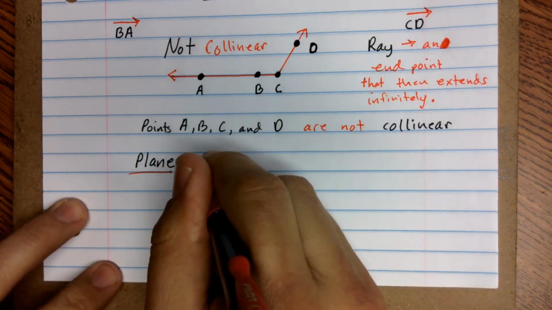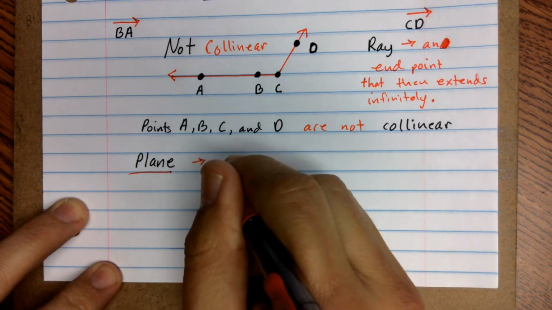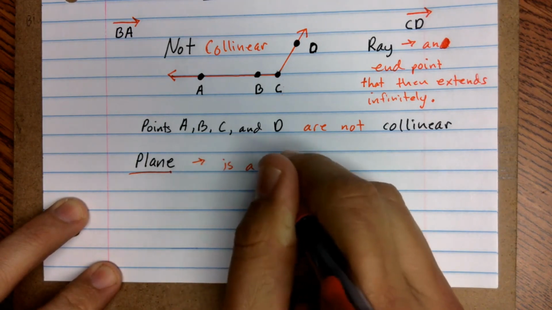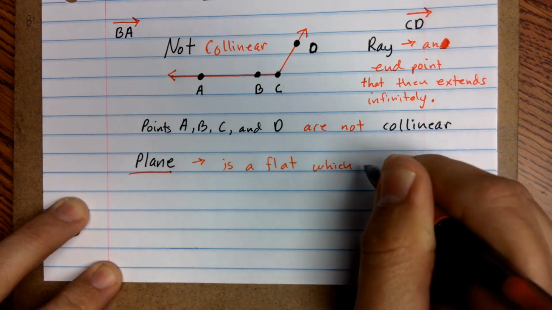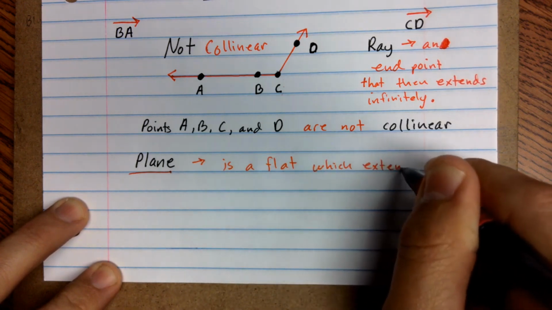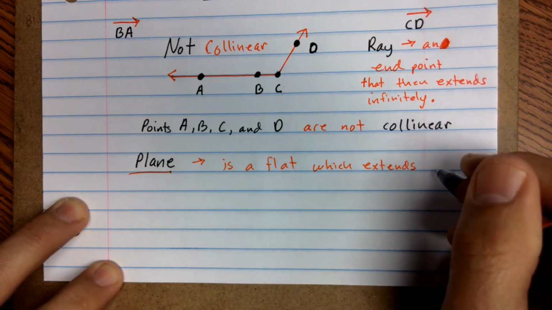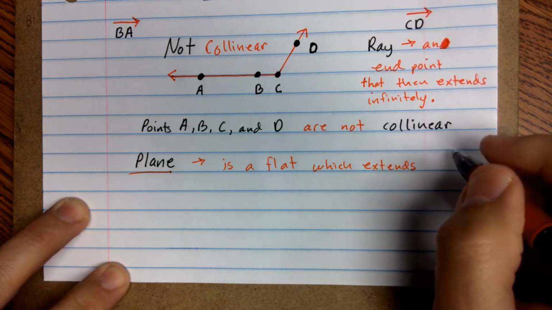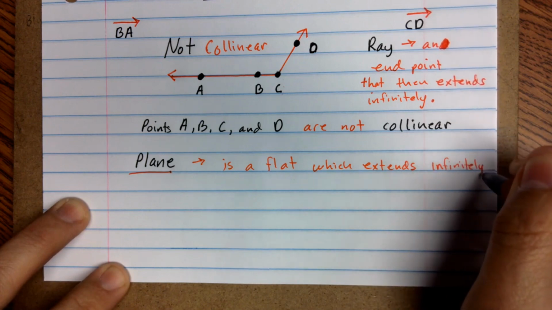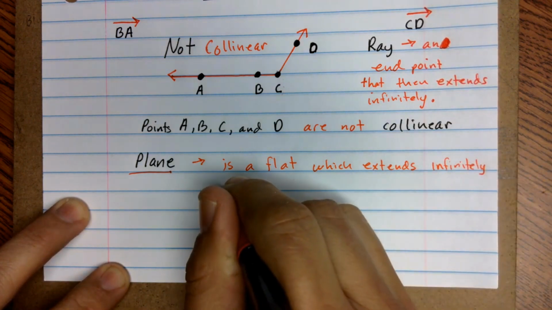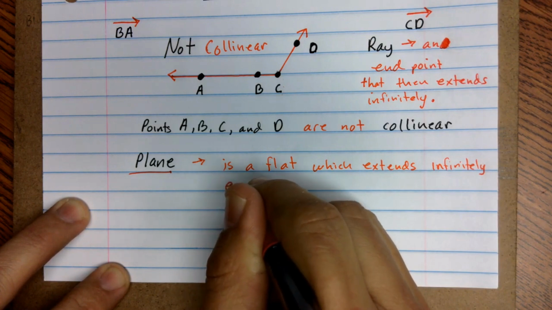So I'm going to say a plane is a flat surface which extends infinitely every direction.